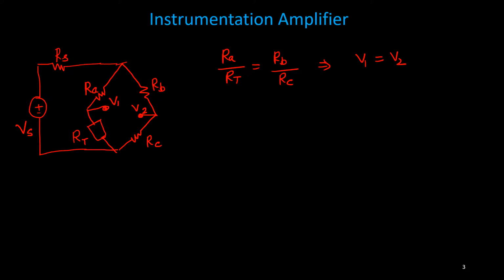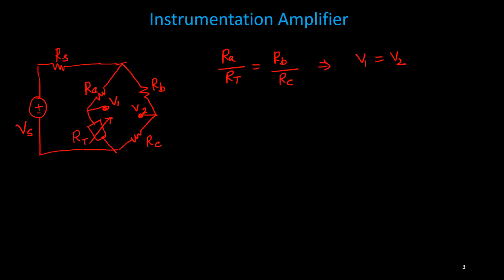Now, whenever the thermistor senses some different temperature, its resistance value will vary, and depending on that you will find some higher or lower value at V1. So you will get the difference between V2 and V1, but that difference is very small.